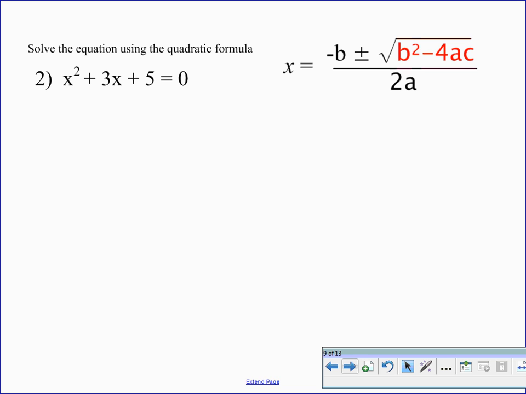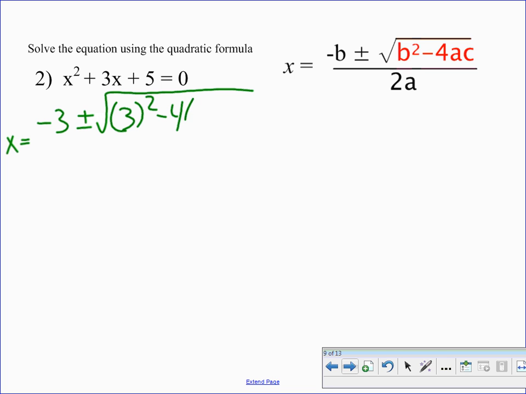Let's try this number 2 in the quadratic formula. So, negative b plus or minus the square root of b squared minus 4 times a times c. And it's a good habit to always put your plugged in values into parentheses.